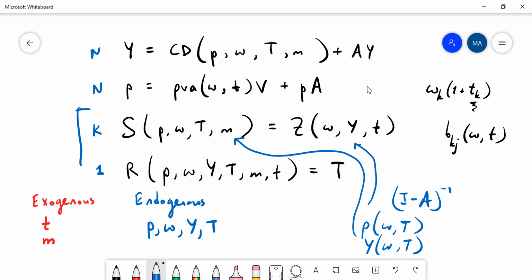Then you have this reduced system, and your unknowns are omega 1, omega k, and t. Okay? So government determines exogenous tax rates for factors and income levels, incomes of the consumers. Careful, these are for factors again, and these are for consumers. Okay?